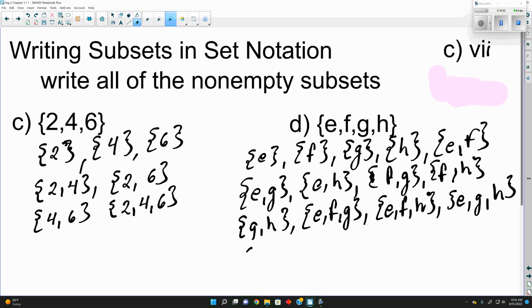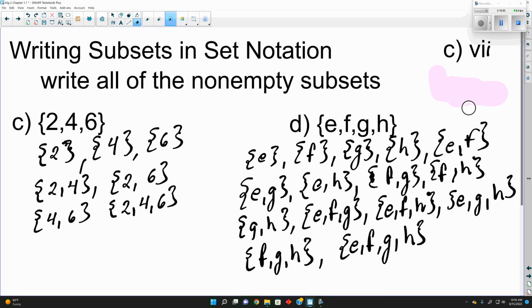Now, exactly, our next one would be F, G, H. And that actually rounds off all the pairs of 3, because we can't do any other combination. Exactly. Fifteen. 1, 2, 3, 4, 5, 6, 7, 8, 9, 10, 11, 12, 13, 14, 15. We got them all.